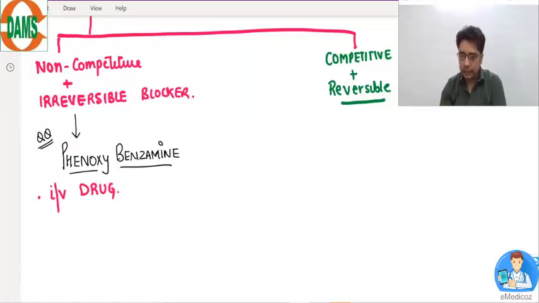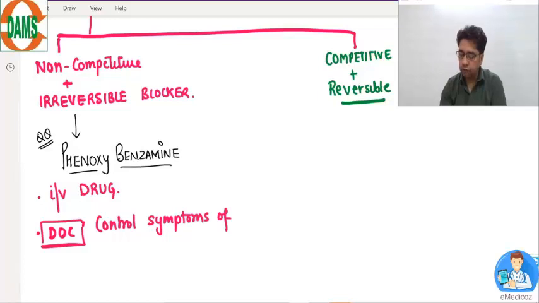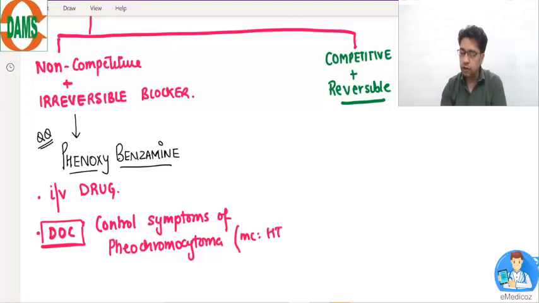And it is the drug of choice to control symptoms of pheochromocytoma. Can you tell me the most common symptom of pheochromocytoma tumor? The most common symptom of pheochromocytoma tumor is hypertension.